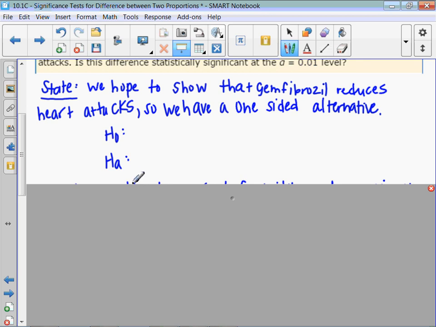For the null hypothesis, we would assume that there is no difference. The alternate would say P1 minus P2 is less than 0. You could also write this as P1 is less than P2, and you can also write the null up here as P1 equals P2.